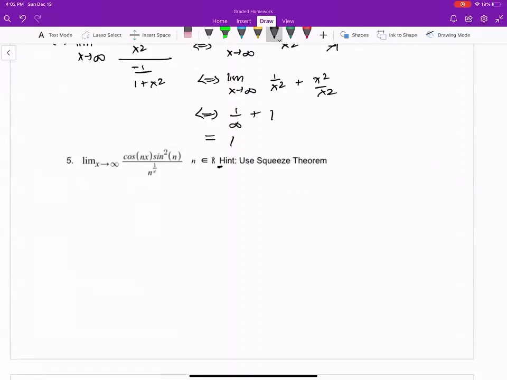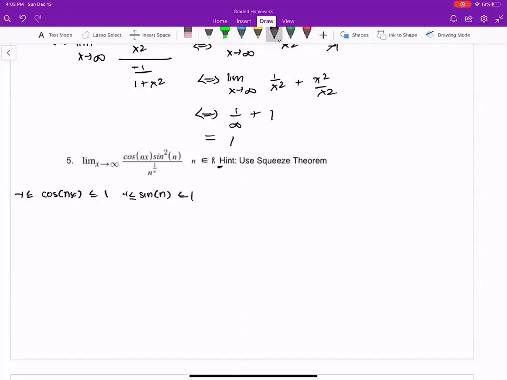For this question, if you ever encounter a trig function and you do not know how to solve the limit, you'd try to use the squeeze theorem. So here you know that cos of n times x is always going to be between negative 1 and 1. You also know that sine of a number is always going to be between negative 1 and 1.